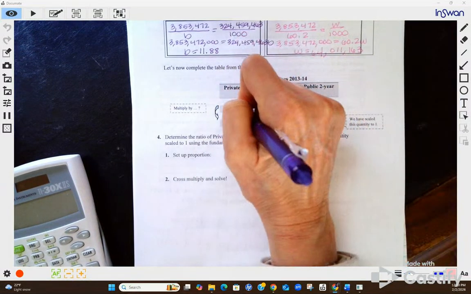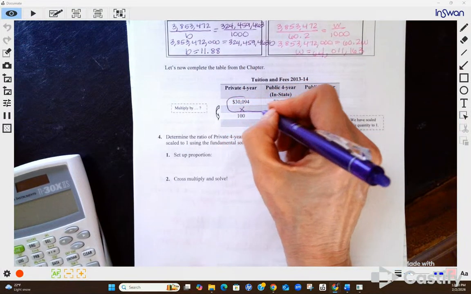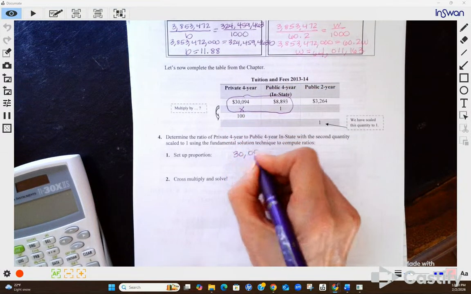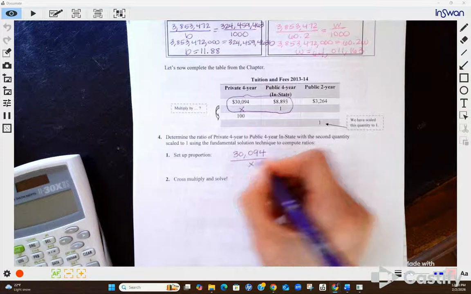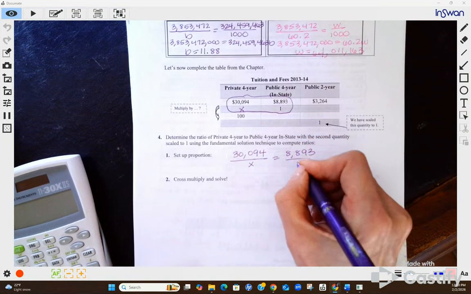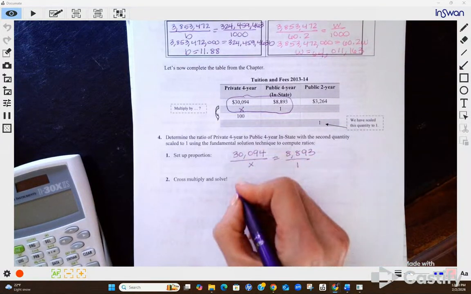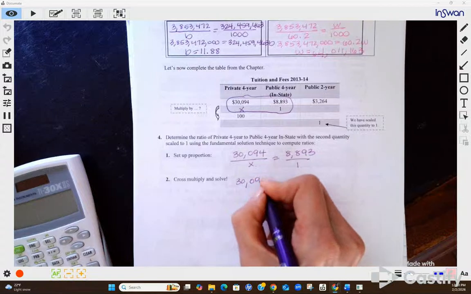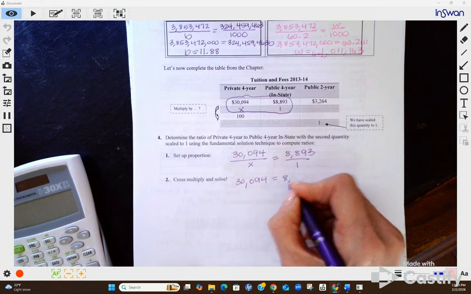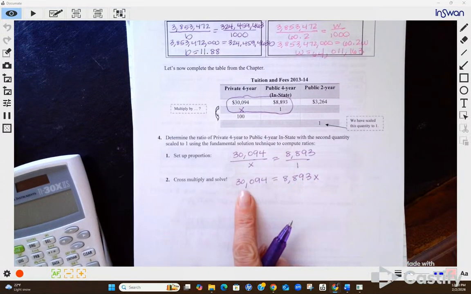So this is the thing we're trying to find. So this is our proportion right here. $30,094 over X equals $8,893 scaled to 1. Cross multiply, 30,094 times 1 equals 8,893 times X. Divide both sides by the number in front of x.